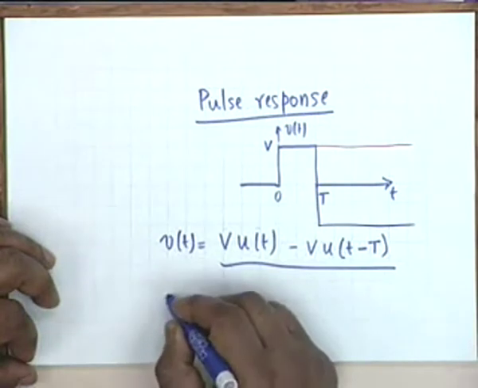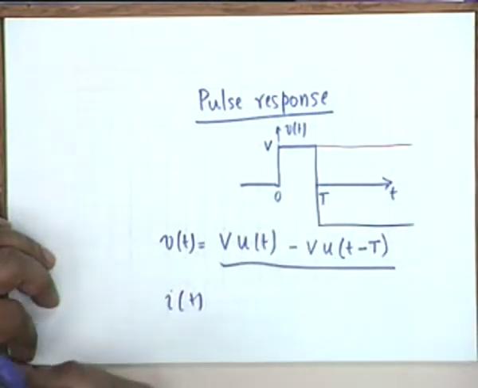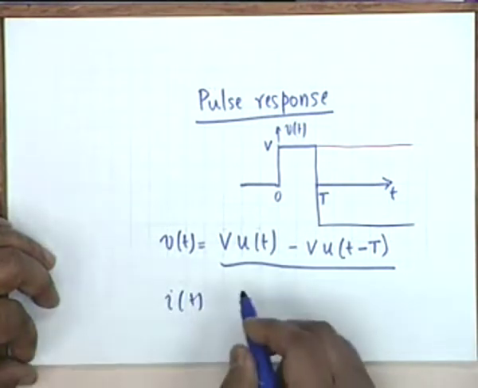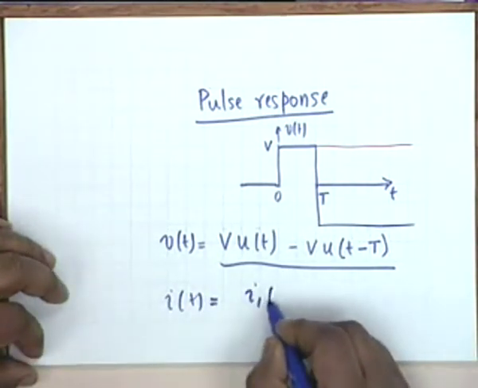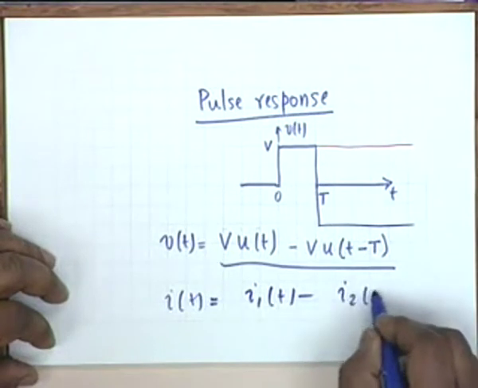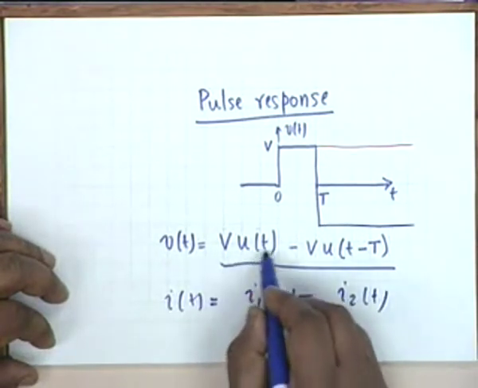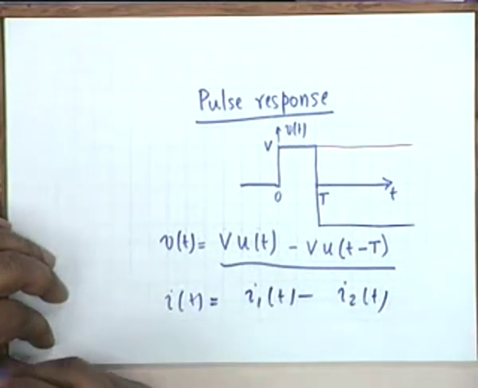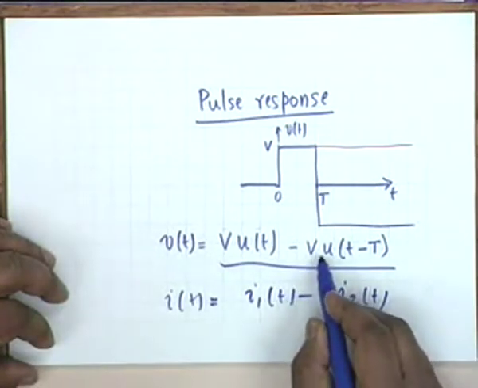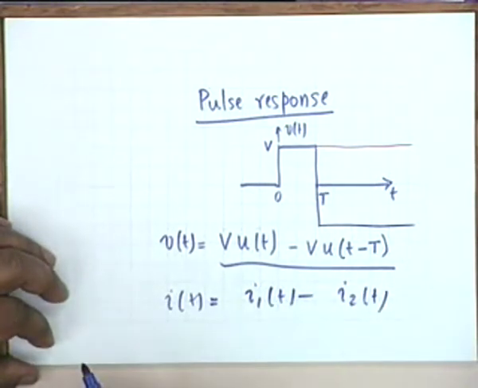response, suppose you apply this to an electrical circuit and you want to find the current i(t), then the response would be i1(t) minus i2(t), where i1(t) is the response to V u(t) and i2(t) is the response to V u(t minus capital T). All right.